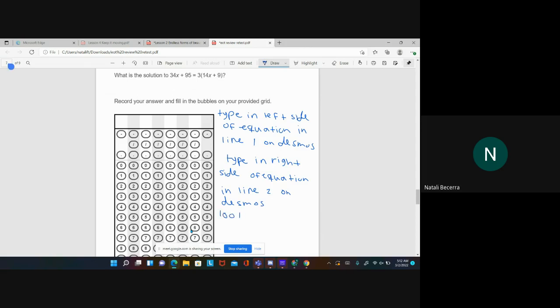Look for the x value of the point of intersection.